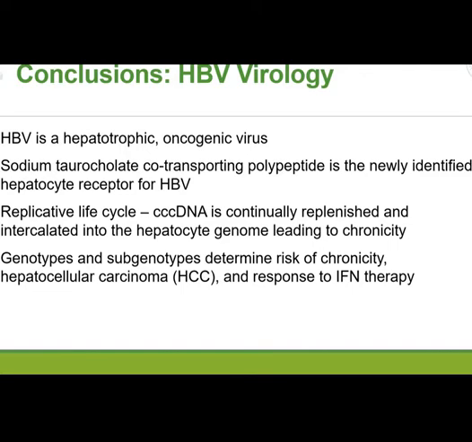Its replication is through the covalently closed circular DNA, which is continuously replenished and integrated into the hepatocyte genome, leading to chronicity. That is the reason that the cure for hepatitis B is very difficult. Genotype and subgenotype have their own characteristics, and they determine the risk of chronicity, the risk of hepatocellular carcinoma and the therapeutic response to interferon.